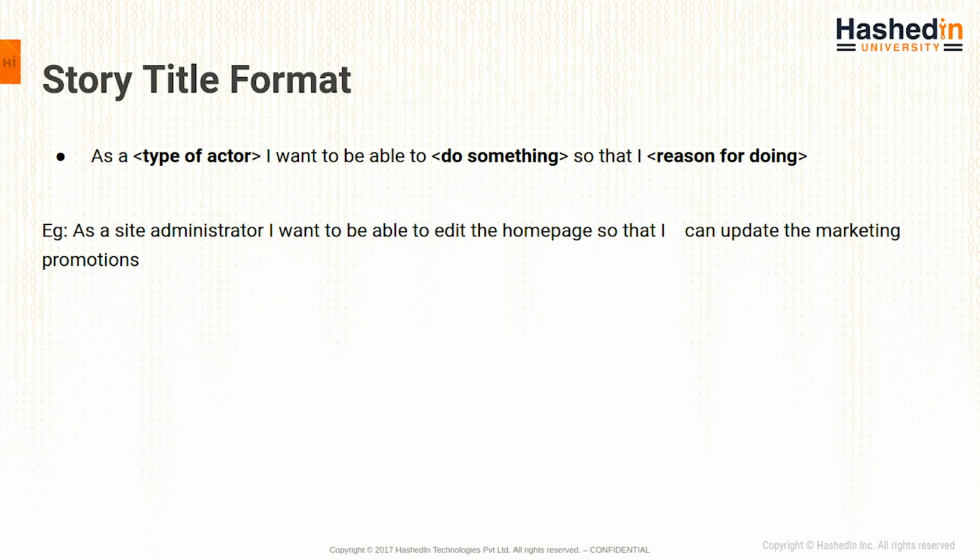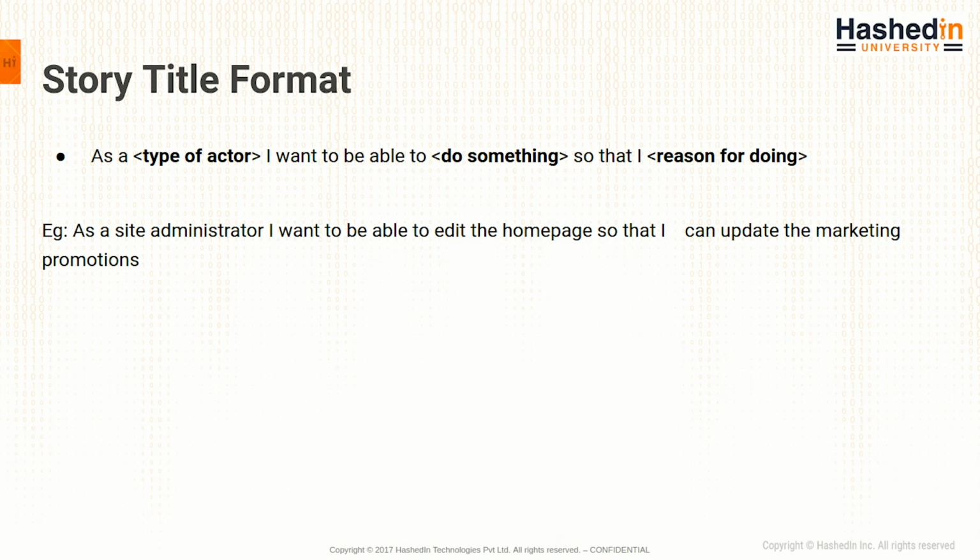Now, how do you create a user story title? Very important. This is the standard format that you should follow whenever you are writing the title of the story, which is: as a type of actor. The type of actor is the person who is going to use the feature.